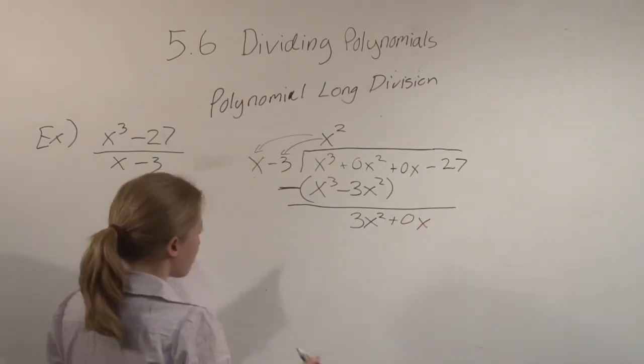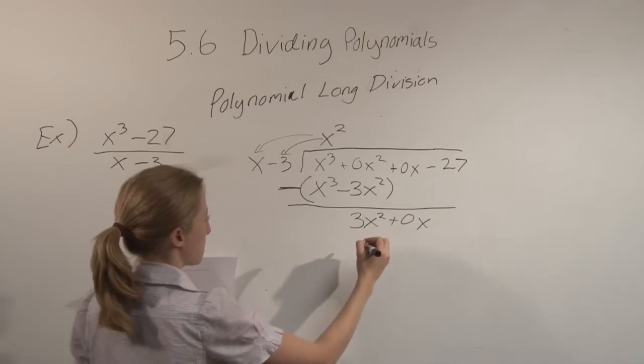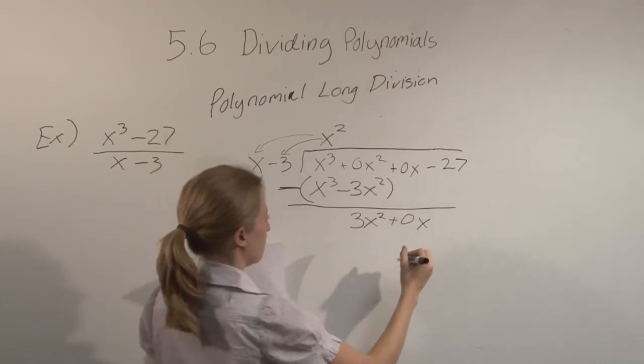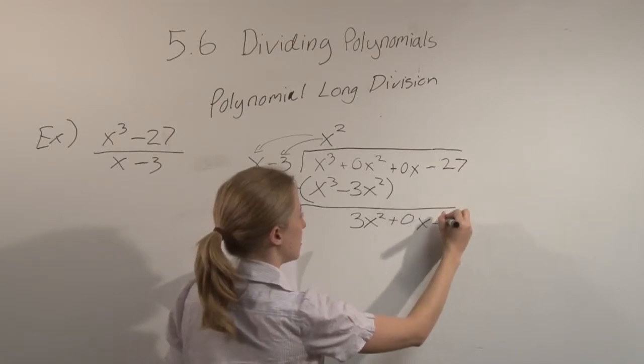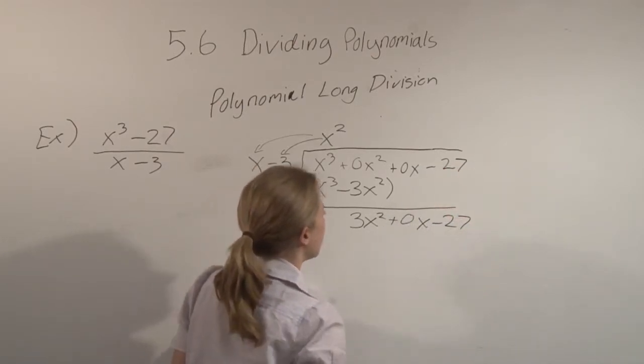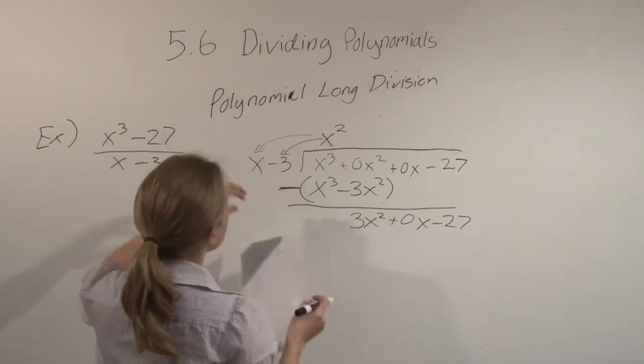So now I want to find something I can multiply by to get 3x squared. And you can carry this 27 down or not. I usually like to carry it down with every step.